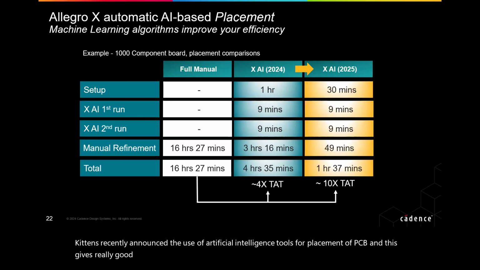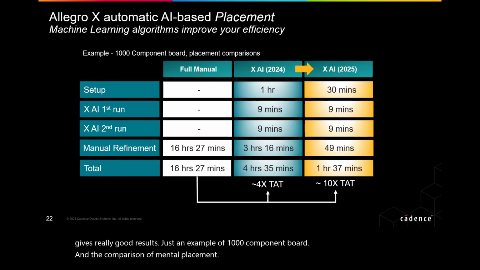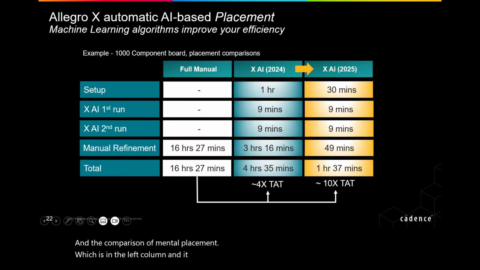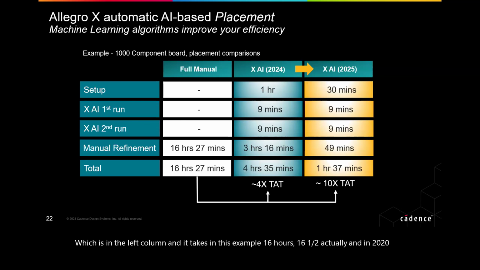Just an example of a 1000-component board and a comparison with manual placement, which is in the left column, and it takes in this example 16 hours, 16 and a half actually, and in 2024 the newly introduced AI tool already improved this result to a total of 4 hours 35 minutes, which is almost a 4 times improvement.